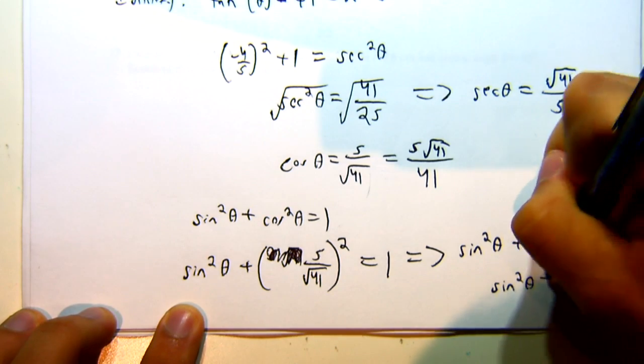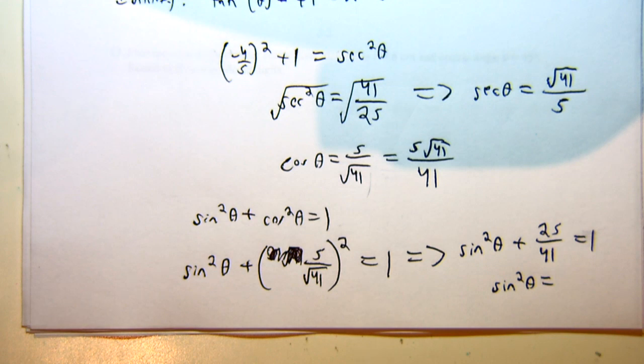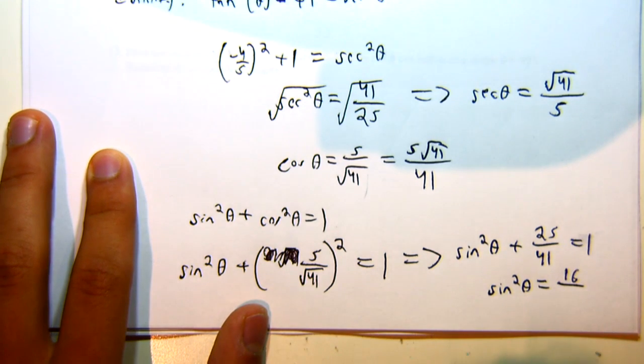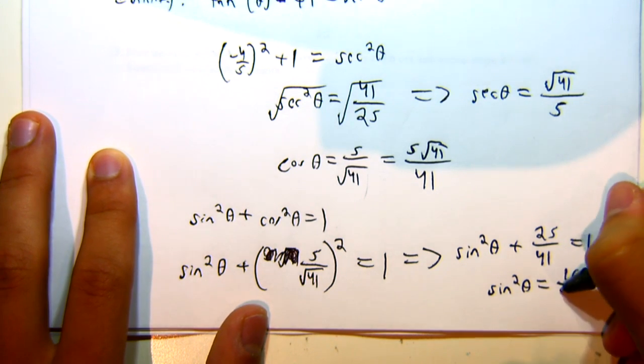Get sine squared theta is going to give us 16 over 41.